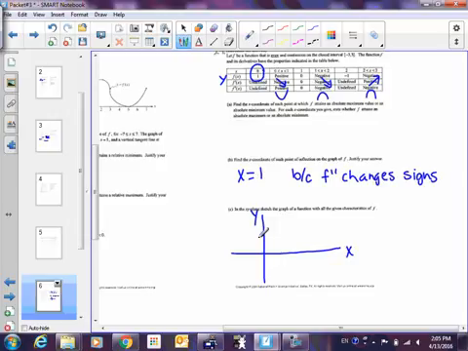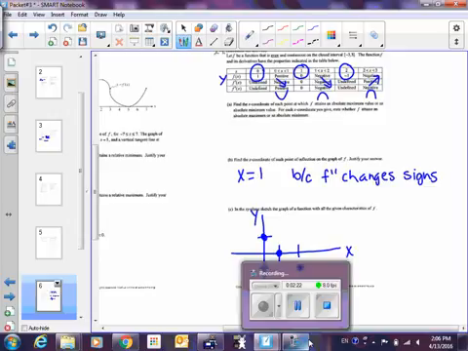So they're telling you to plot the point 0, 1. What other point are you supposed to plot? 1, 0. I'm just looking it up right here. And 2, negative 1. You could get a point just for doing that.